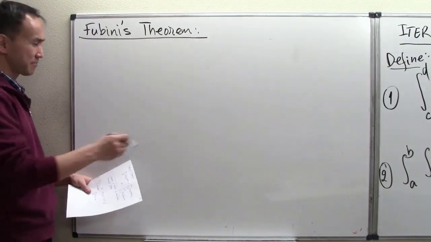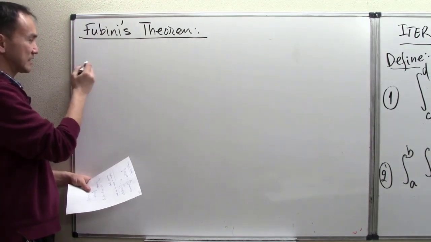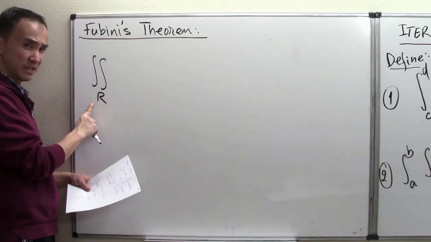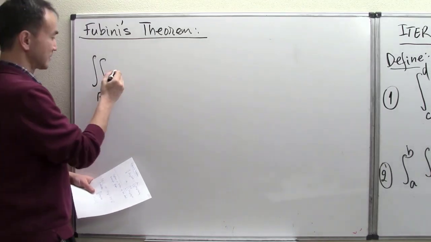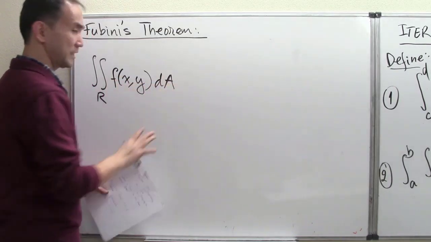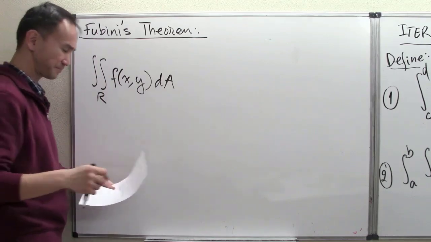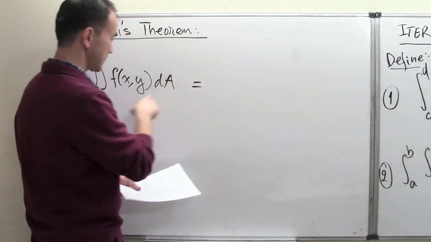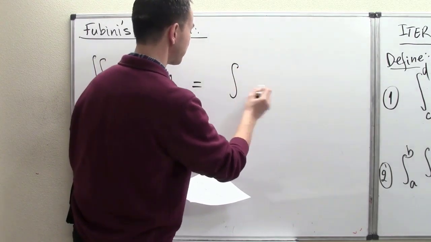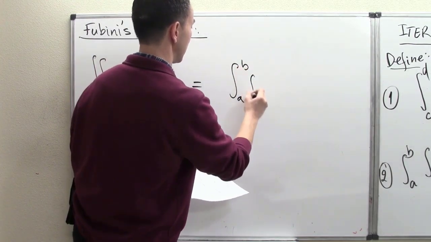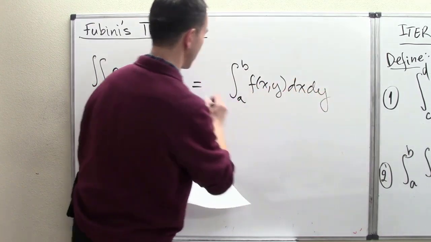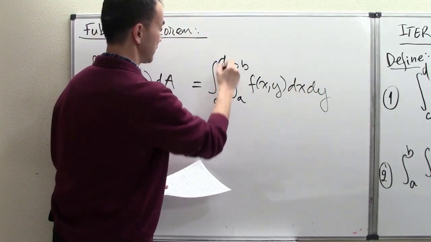But anyway, Fubini stated that the double integral over a rectangular region, there's a connection, and Fubini proved it. That can be done by doing the iterated integral from a to b, dx, and then with the outer one from c to d, dy.